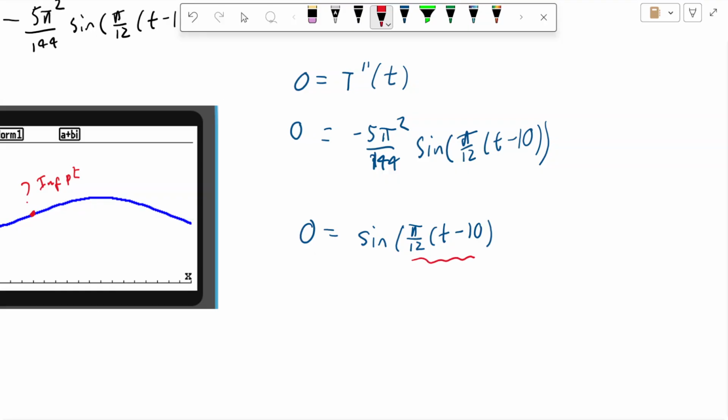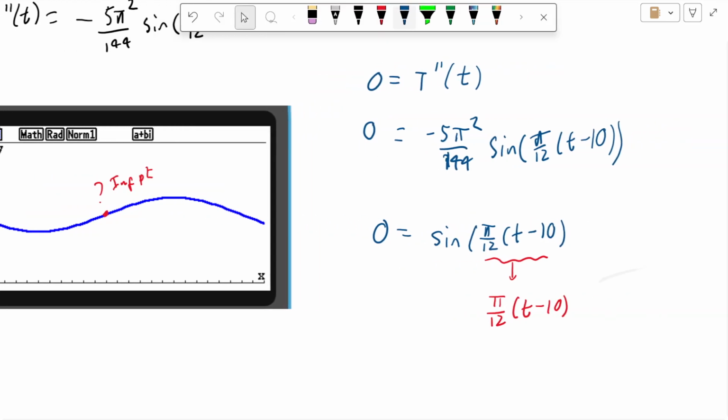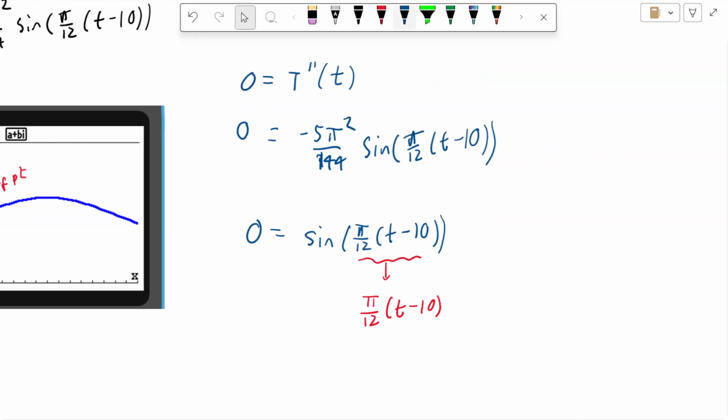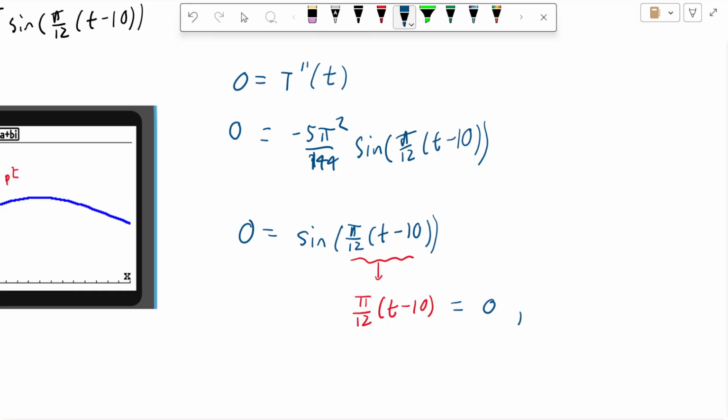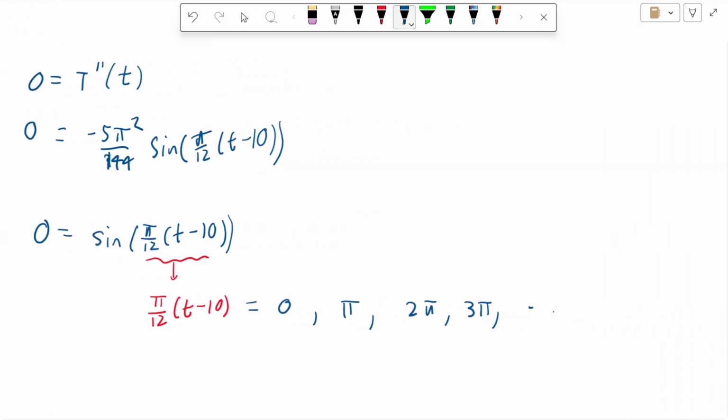So all that stuff, pi over 12, t take 10, that's the thing inside the sine, has got to equal whatever makes sine 0. So 0 or pi or 2 pi or 3 pi or etc.